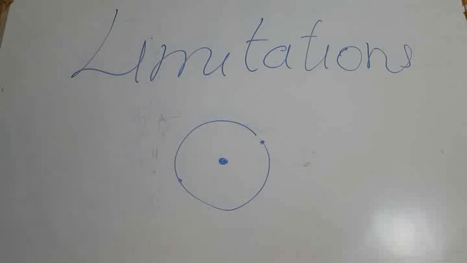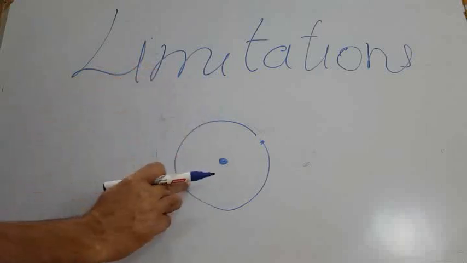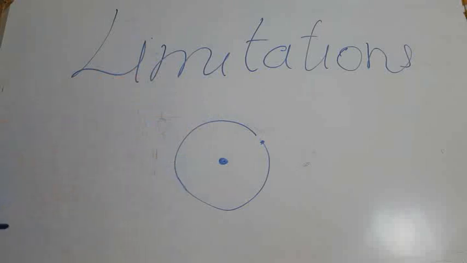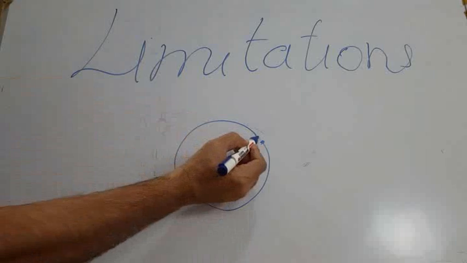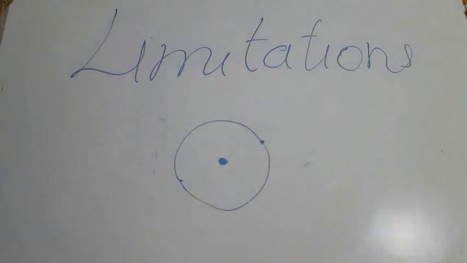Those failed. Means Bohr could only explain the emissions or absorptions of single-electron atoms. It means there was something wrong in that. As one more electron is added, the theory fails.